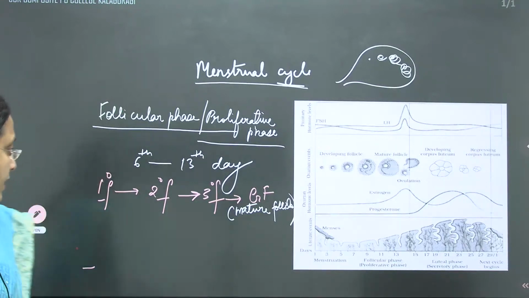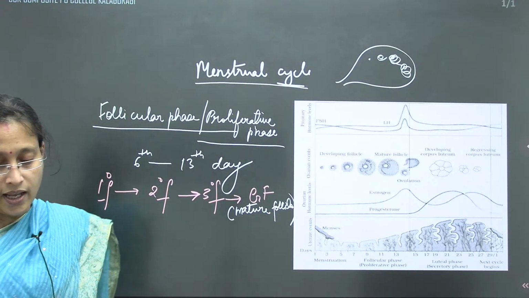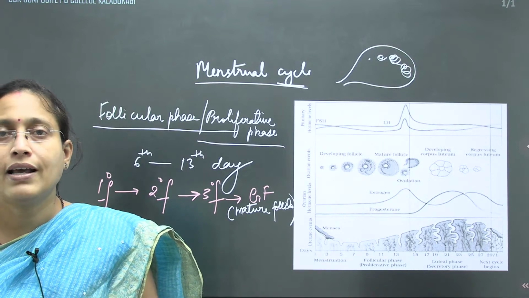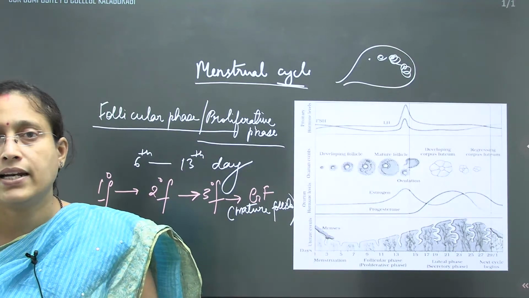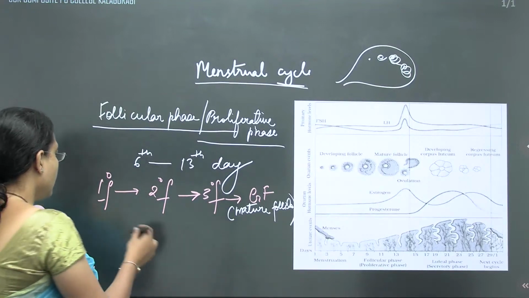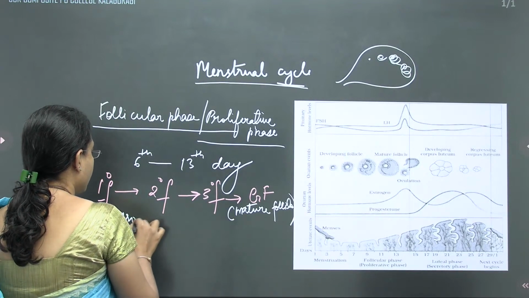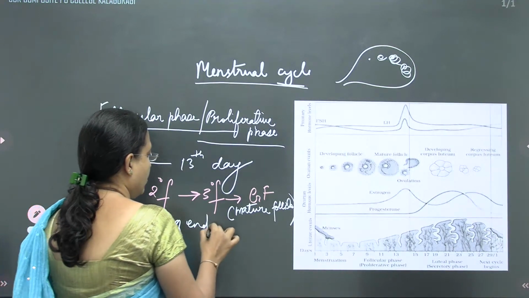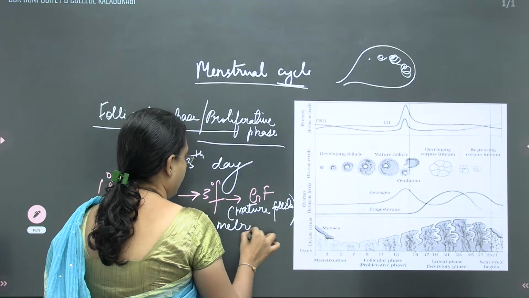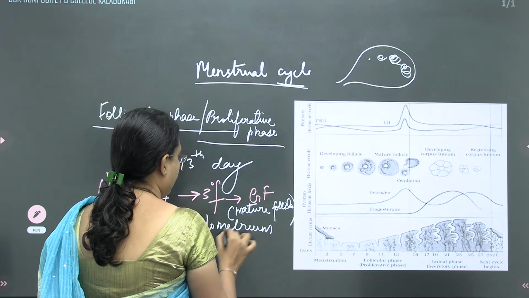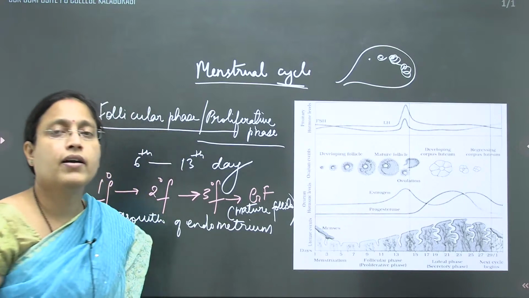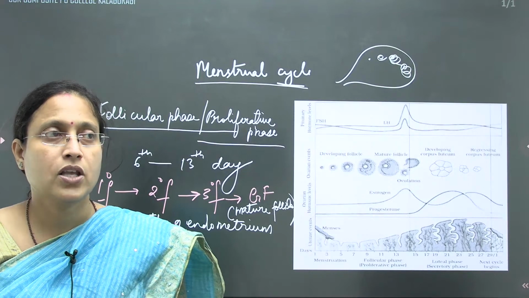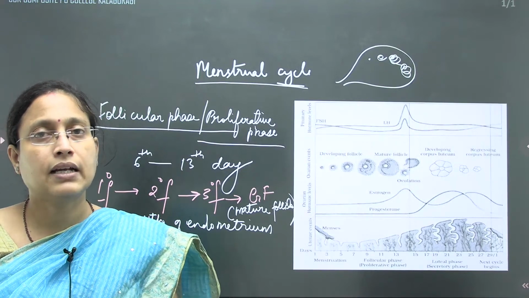This phase is also called the follicular phase. Understand? During this time, the endometrium becomes thickened, or it grows, or you can say it regenerates. So growth of the endometrium occurs, or regeneration of the endometrium, or the endometrium starts becoming thicker and thicker.